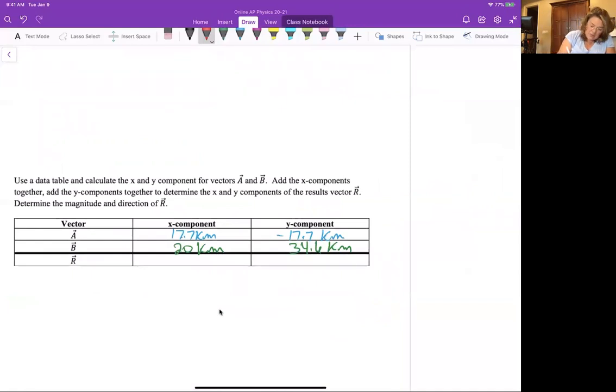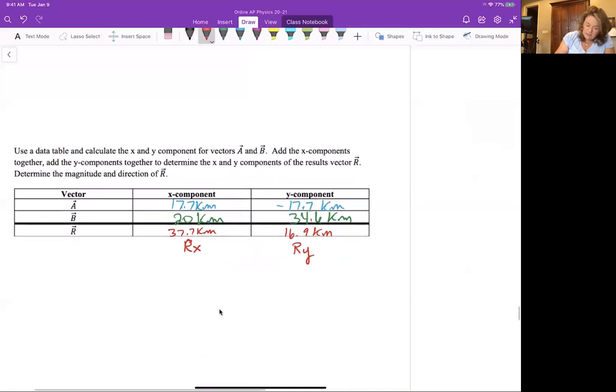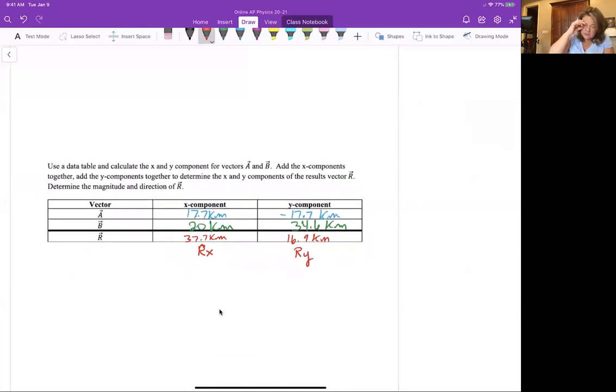This just becomes 37.7 kilometers, and this becomes 16.9 kilometers. So this is my component of R in the X direction, and it's positive, so I've got to draw that to the right. And this is my component of the resultant vector in the Y direction, and it's positive, so it's also drawn upwards. So that is my answer to B.